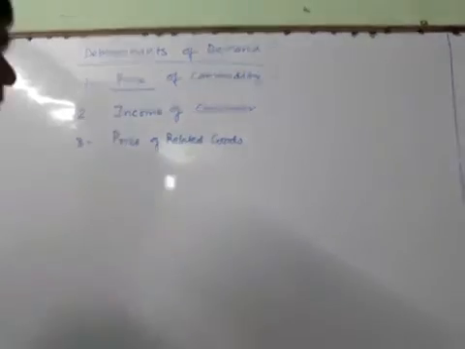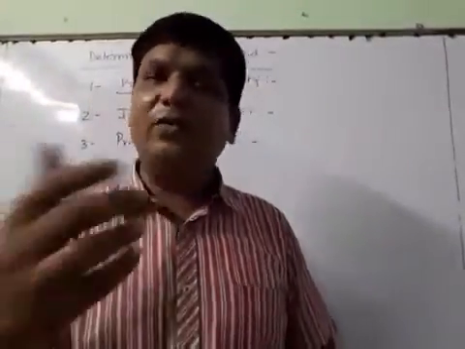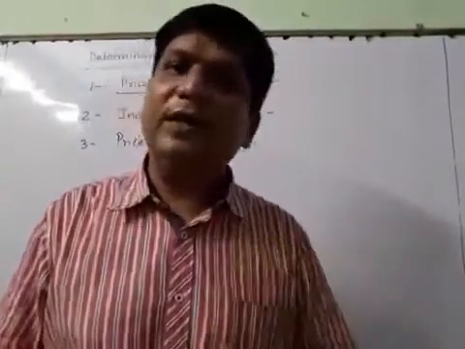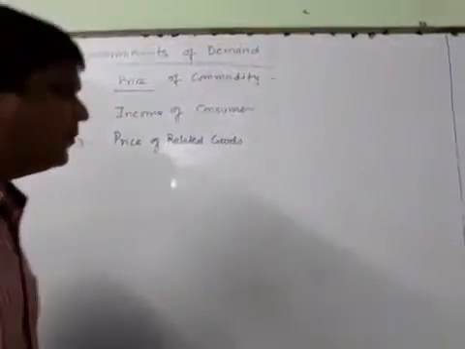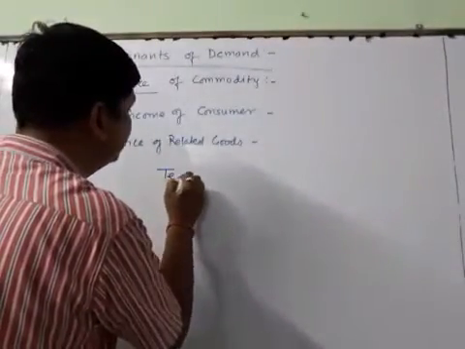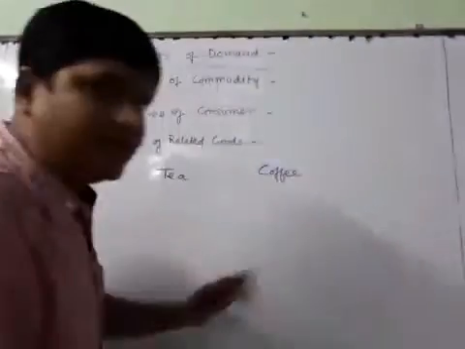So what happens, children? When the price of related goods increases or decreases, it also affects the demand. Let's take an example of tea and coffee. Suppose tea and coffee are substitute goods.